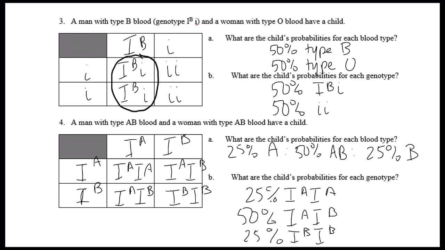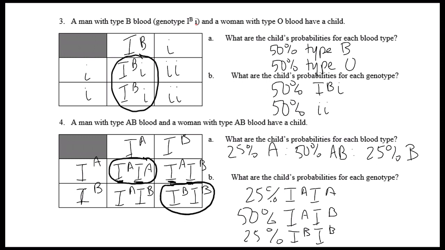A man with type AB blood and a woman with type AB blood have a child. So what are the probabilities for each blood type? So our first box, we can see that they're getting an IA from the top parent, and IA from the side parent. So 25% will be capital IA, which is A blood type. 25% will be capital IB, so the other 25% is type B, and then the remaining 50% is the AB blood type.